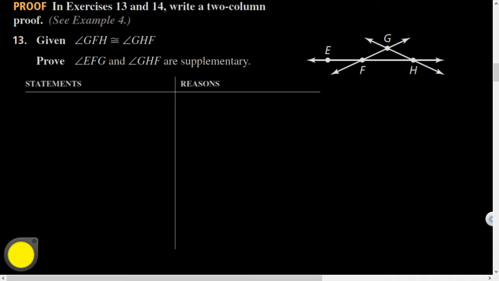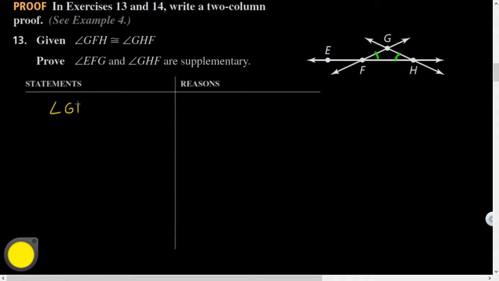All right. So angle GFH is congruent to angle GHF. Let me label that in the picture even. So GFH, this angle right here, is congruent to angle GHF, this angle right there. Starting with your given is usually a great idea.